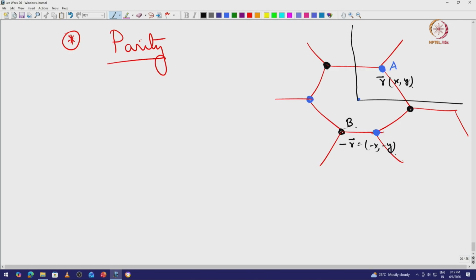So, now the definition of inversion symmetry has to take into account the fact that we change x and y to minus x and minus y, or even if you want to take this as your inversion, which more appropriately it should be the case, or even here, let us take this one or this one.